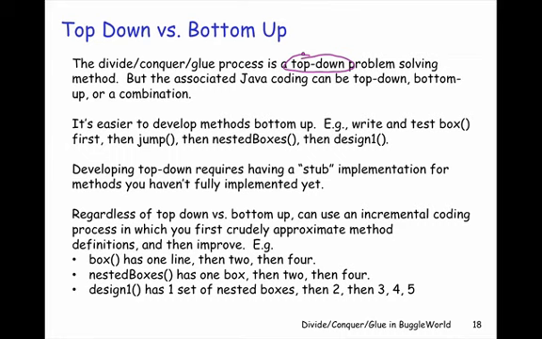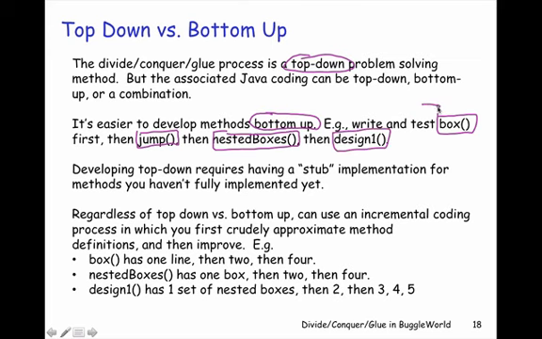Now, when it actually comes to coding these methods, we do not have to code them in the top-down approach. Another approach is to do them in what's called a bottom-up fashion. Even after we've done our divide, conquer, and glue and have assumed that we have nested boxes, box, and jump, we can in fact first implement the box method and test it out, then implement the jump method and test it out, then implement the nested boxes method and test it out, and then implement things like design 1 and design 2.